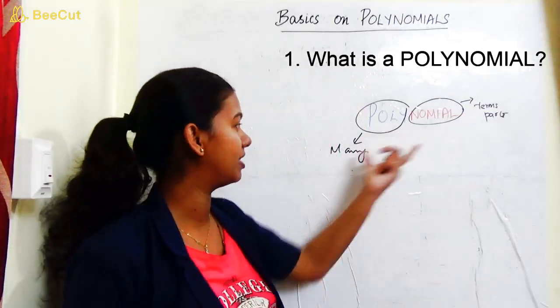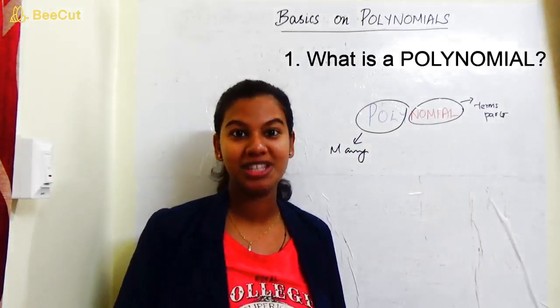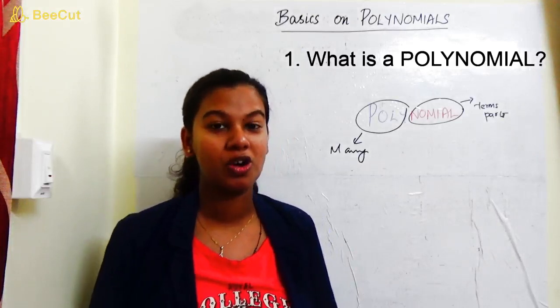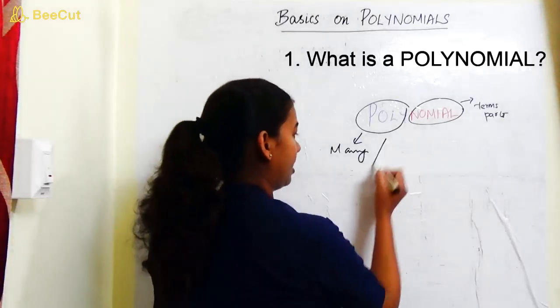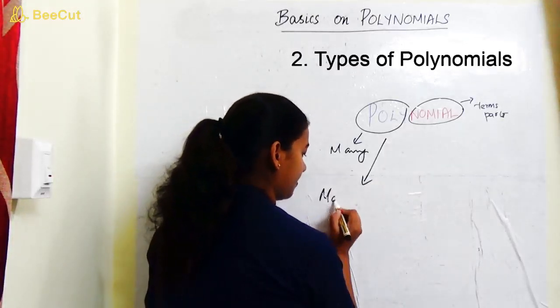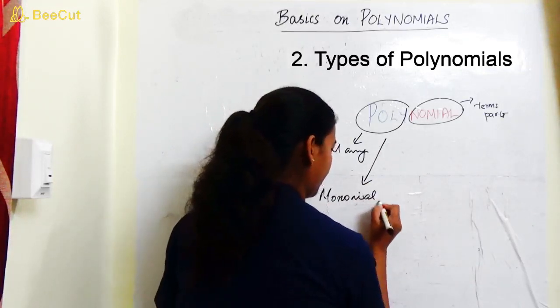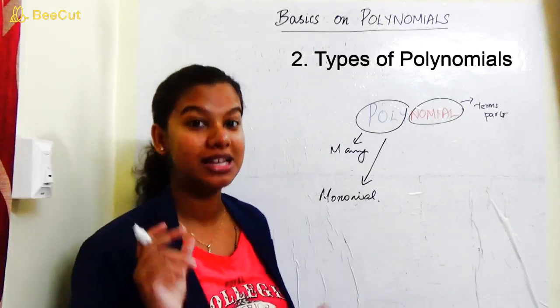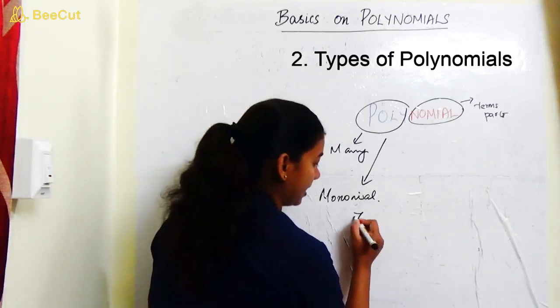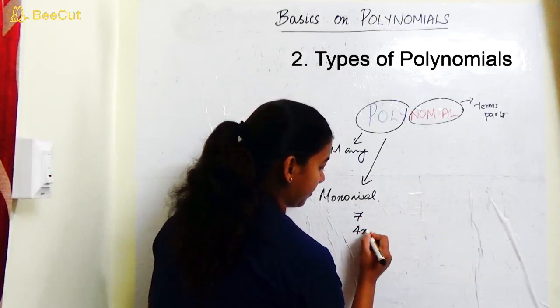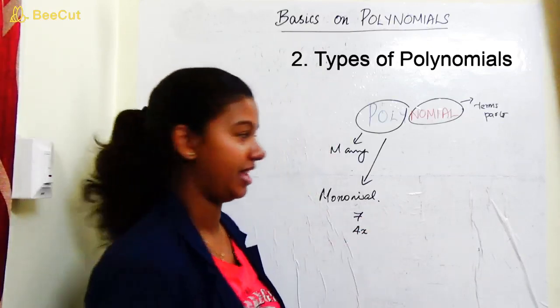So polynomial means many terms. Many terms means one or more terms. So that can be a monomial. Monomial means a single term. For example, 7 can be a monomial, 4x can be a monomial.